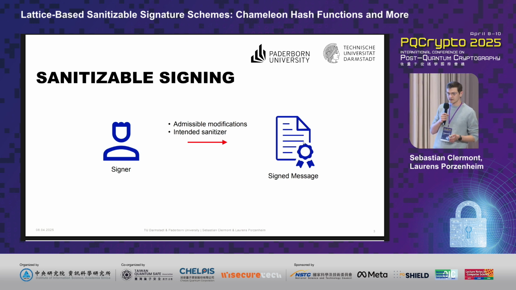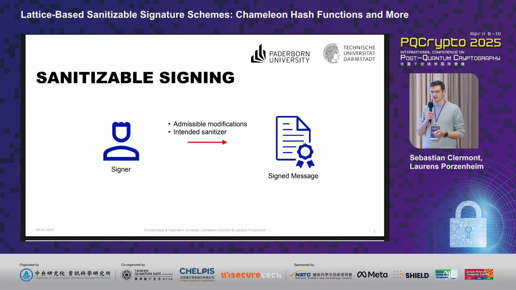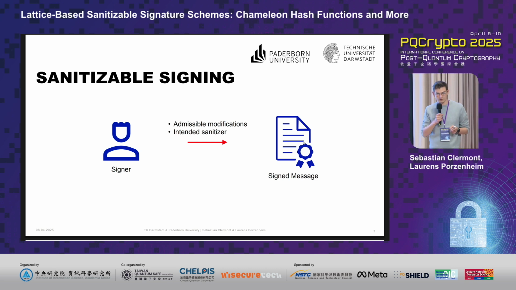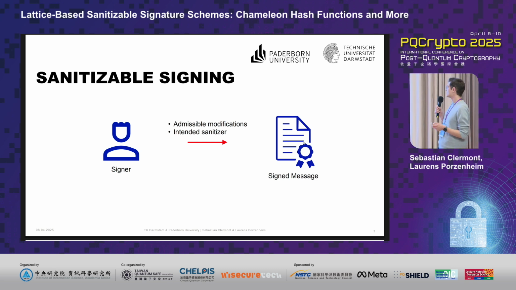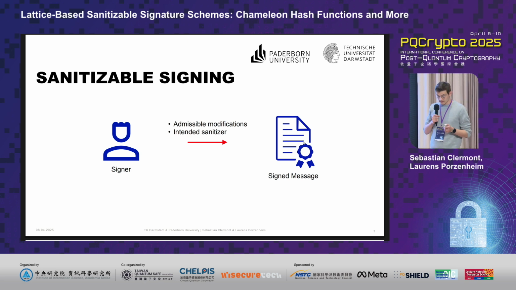So at signing time, the signer needs to specify which modifications are allowed to be performed by the sanitizer. So the sanitizer cannot modify all parts of the message, but only the predetermined parts that the signer has specified. And the sanitizer also has to be specified in advance by providing his public key.